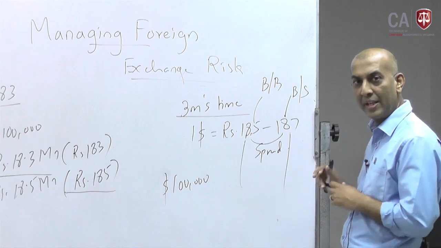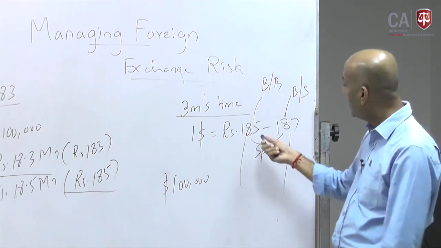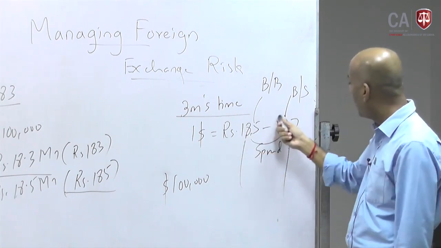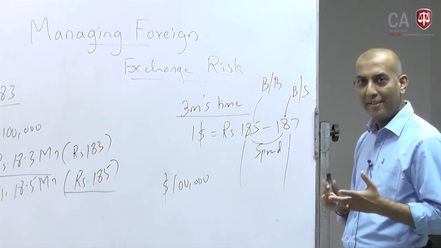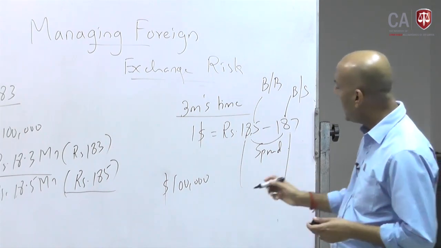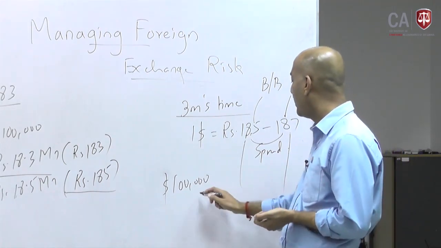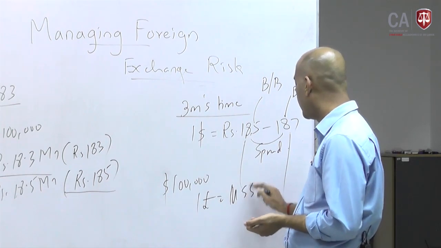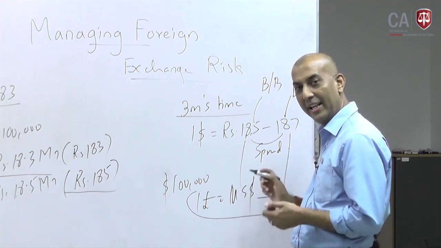In a direct quote system, always remember the lower rate is the bank's buying rate, the higher rate is the selling rate. So, in a direct quote system, you can memorize that. On the other hand, if you are given an indirect quote system, where you might be given, say, 1 sterling pound equals so many dollars, there are two rates, buying rate and selling rate.